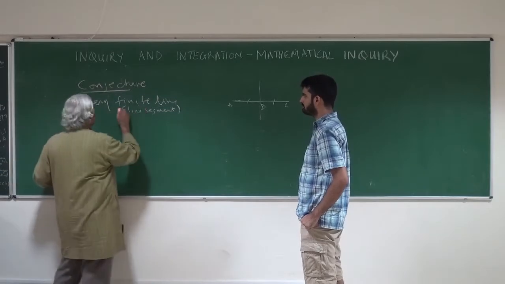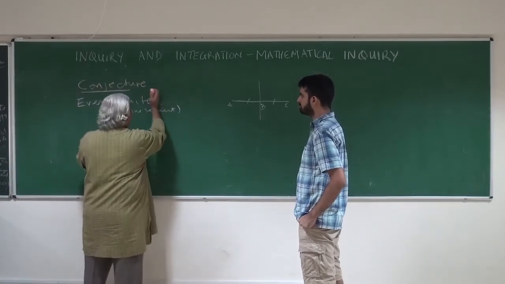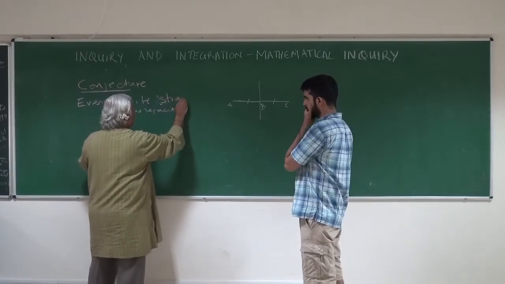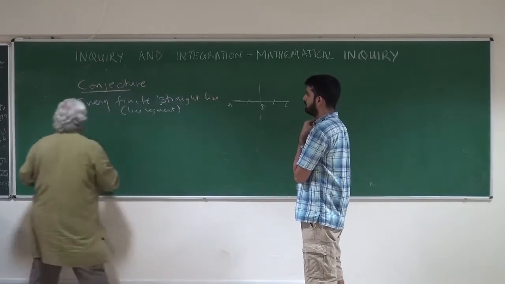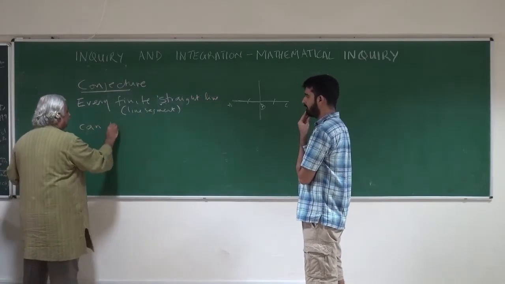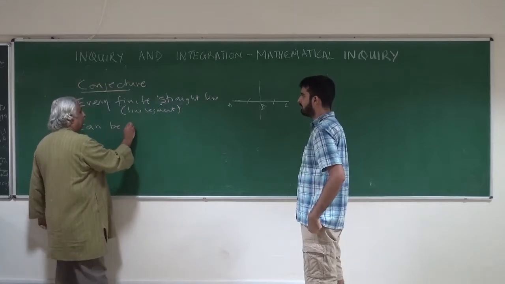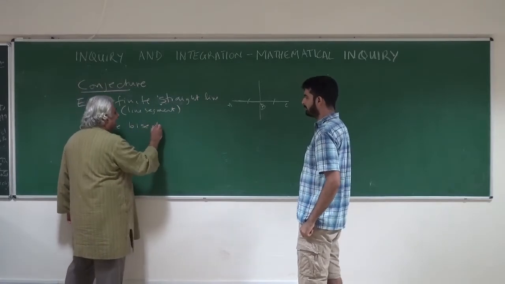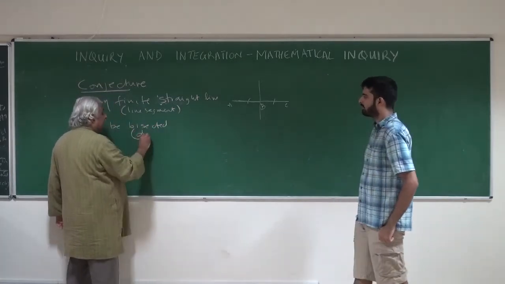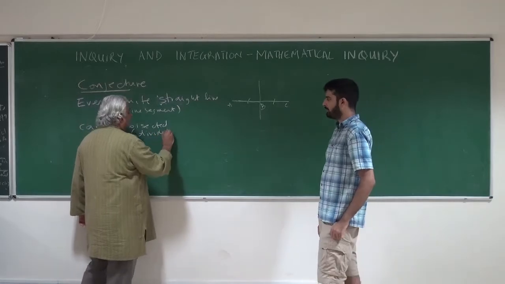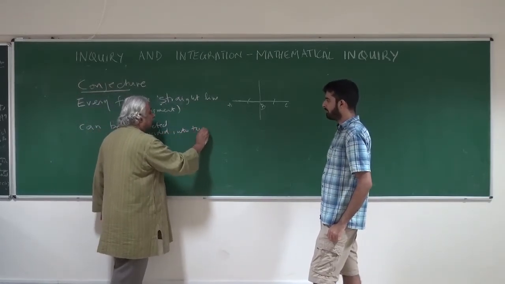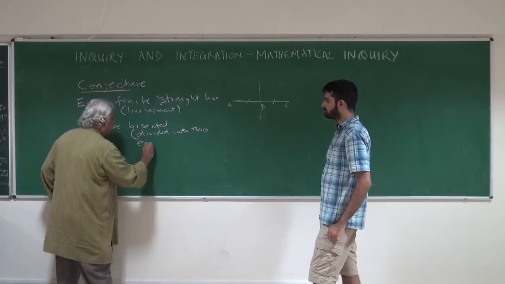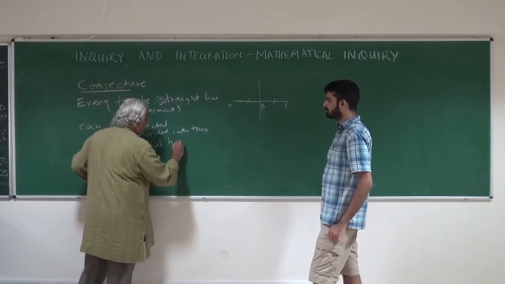Yeah, every finite straight line can be bisected, meaning let's use the word bisected, which means divided into two equal halves.